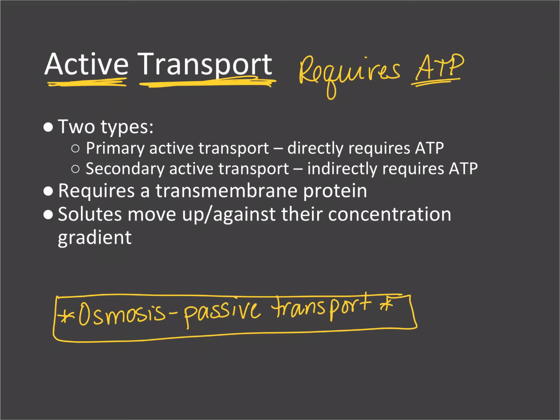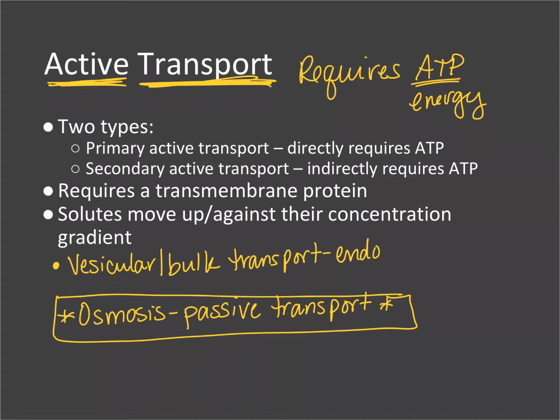Now we're going to look at the two main types, and then we'll also talk about another type that we call vesicular or bulk transport, which includes endocytosis and exocytosis. But it also is its own kind of process or mechanism.